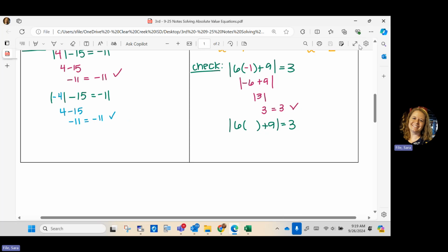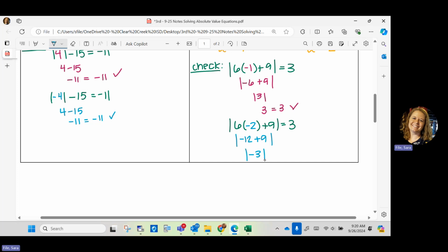Okay, we're plugging in -2. Here we go. All right, 6 times -2 is -12 plus 9, and it's all still in the absolute value. -12 plus 9 is -3.